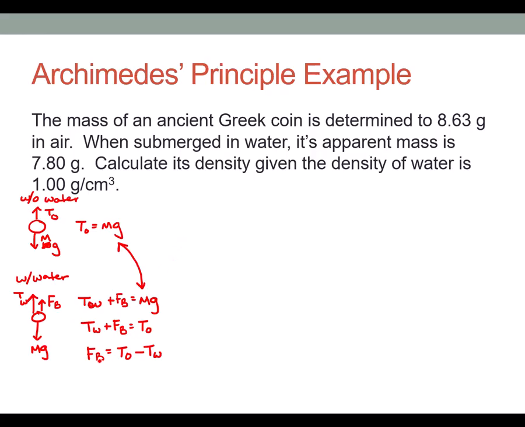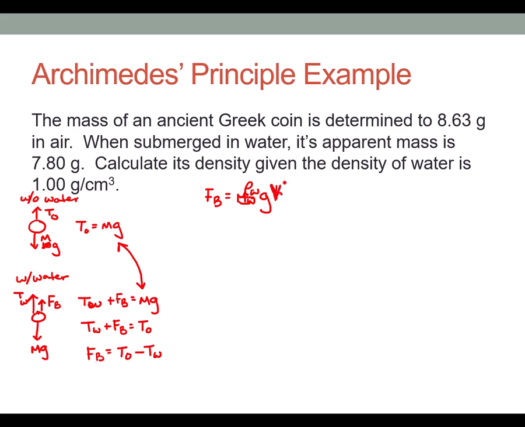But we know what the buoyant force is due to Archimedes' principle. We know the buoyant force on our coin is going to be the density of the water times g times the volume.